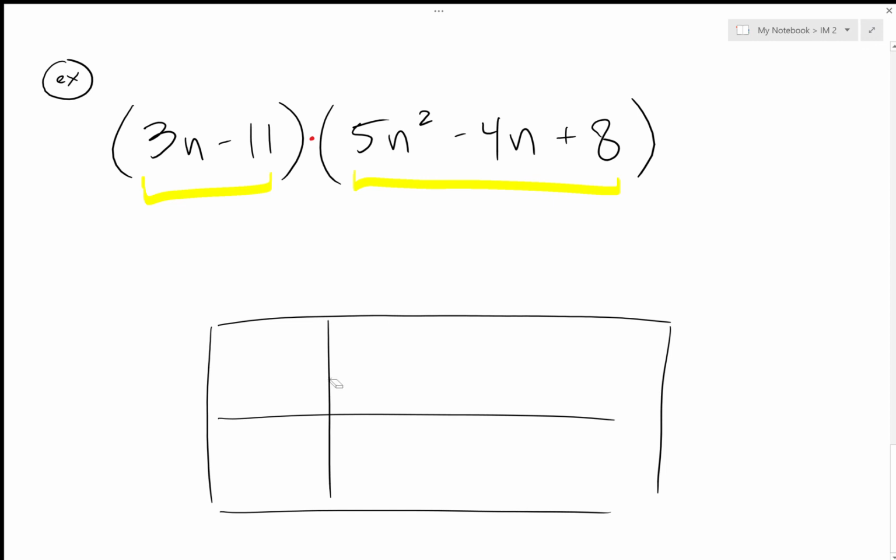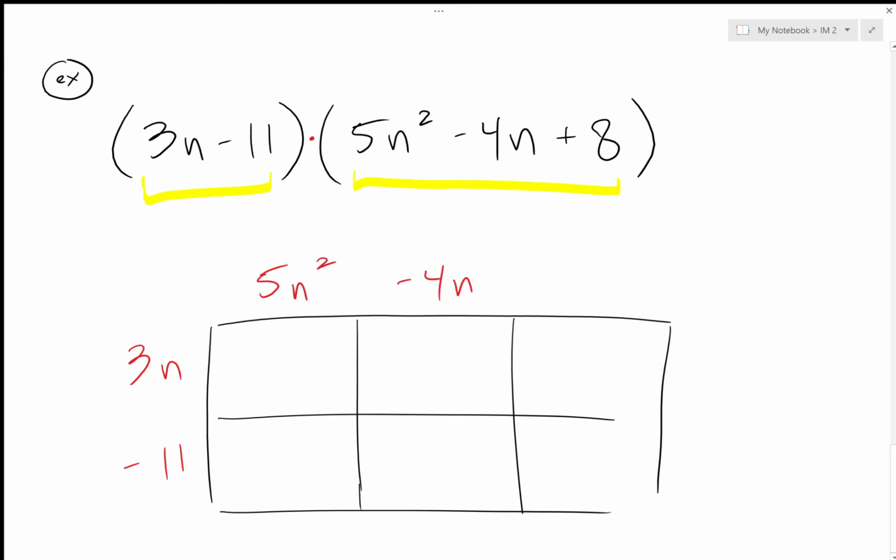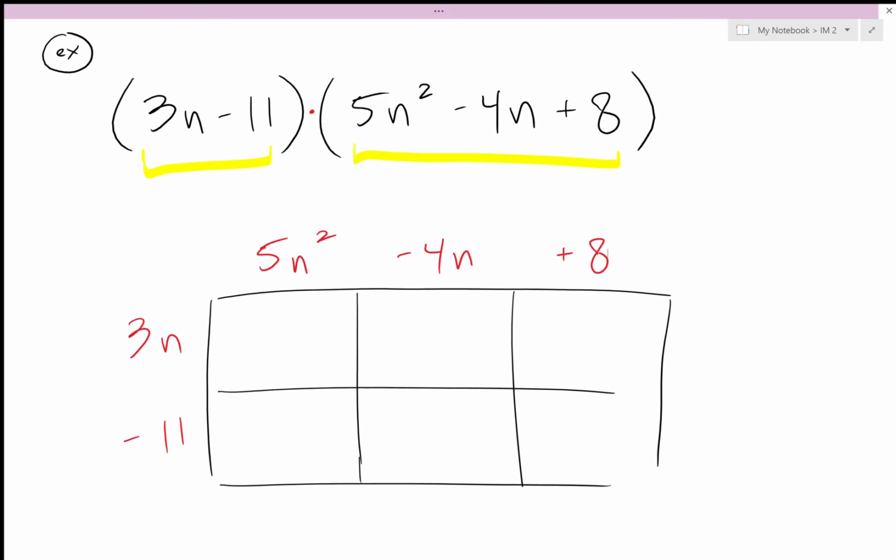So we've got 3 boxes side to side and 2 up and down. Okay, so let's match it up. So I'm going to actually put the 3n and negative 11 over here. Remember, the order really doesn't matter where you put it. And then on top, we've got the 5n squared, the negative 4n, and then the positive 8. Okay, but we're going to still follow the grids and multiply all this out.